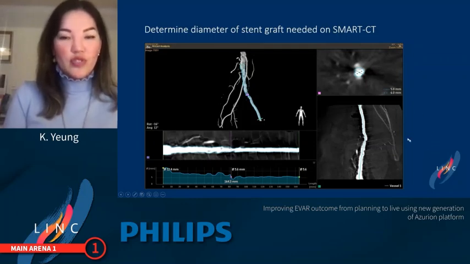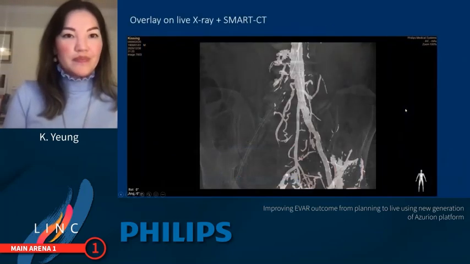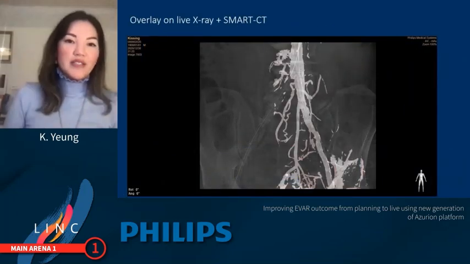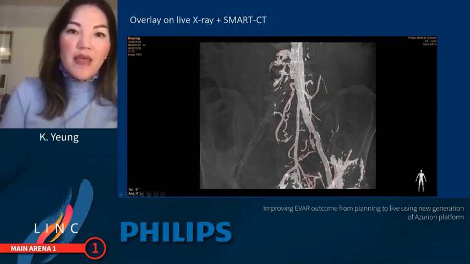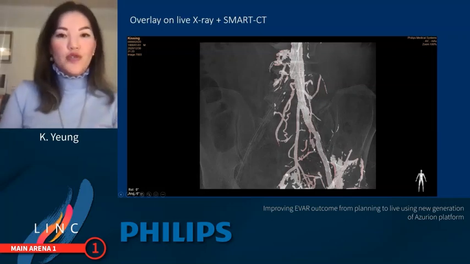And these are the views in an axial view as well. So at the end of the procedure, you can see that we have performed a kissing procedure, and this is the live Smart CT and the live X-ray fused together.